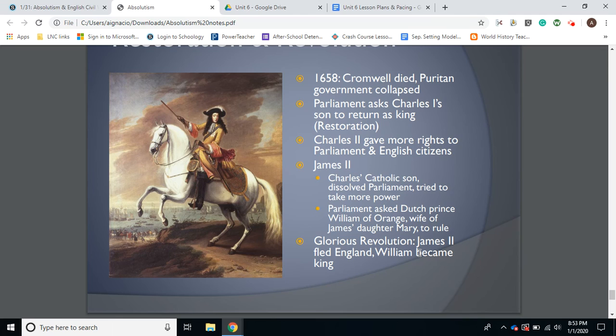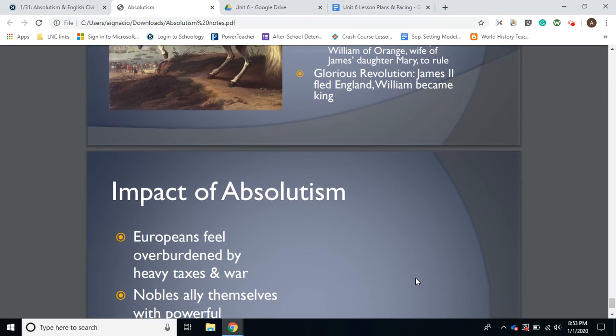Or sorry, she was the sister of Charles II, daughter of Charles I. So she was closely related by blood. So this is why Parliament had particularly asked her and William of Orange. They didn't just ask a random person who was not necessarily related to the English monarchy. Okay, so this is where we're going to lead off.